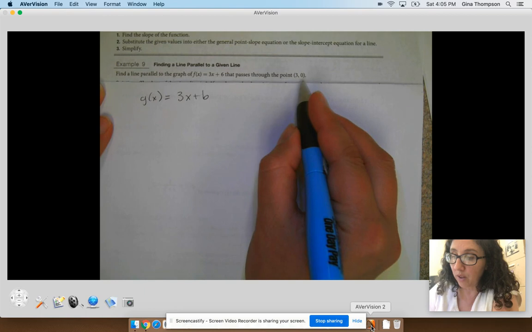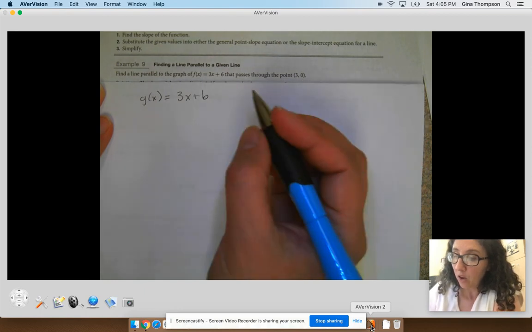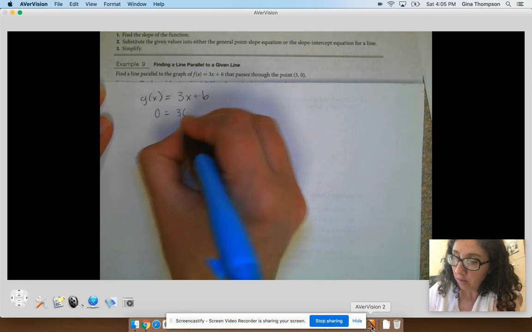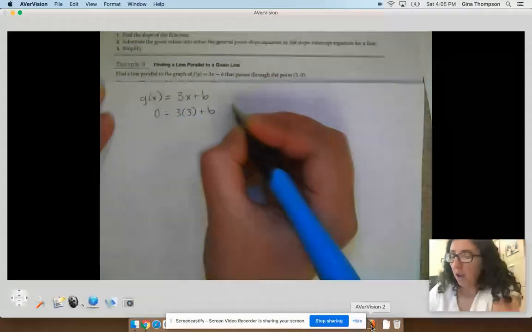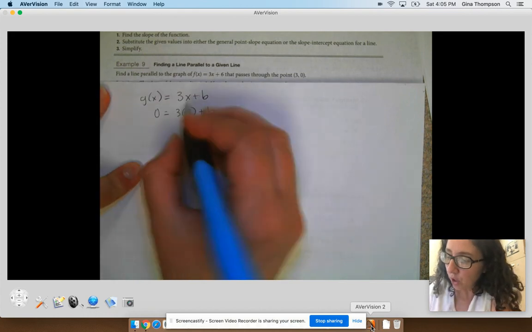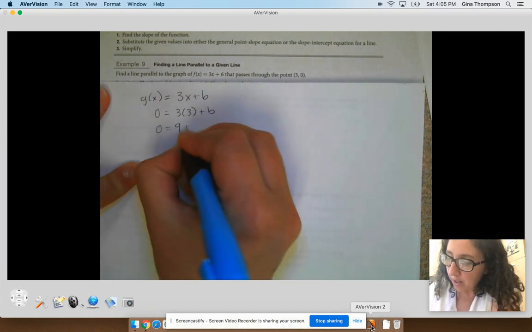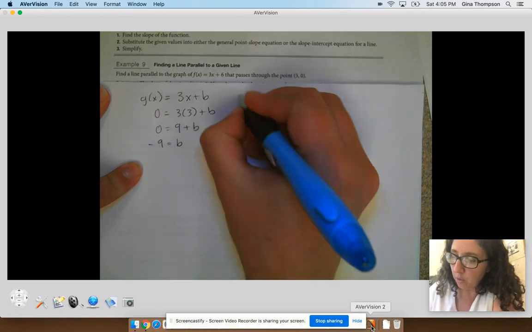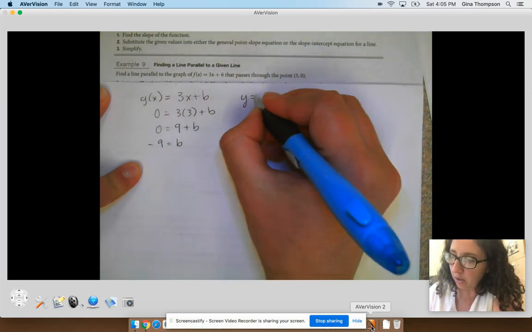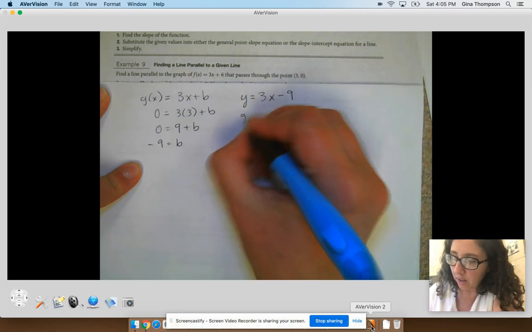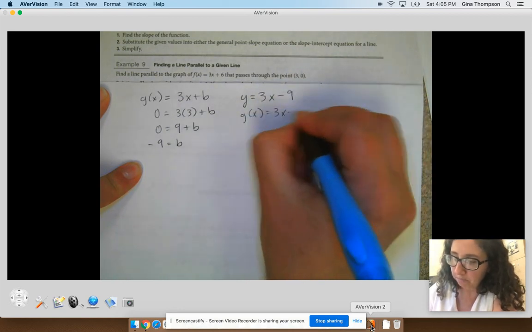Well, we plug in these values. Our y value is 0. Our x value is 3. So 0 equals 9 plus b, so negative 9 equals b, and our equation will be y equals 3x minus 9, or we could write it g of x equals 3x minus 9.